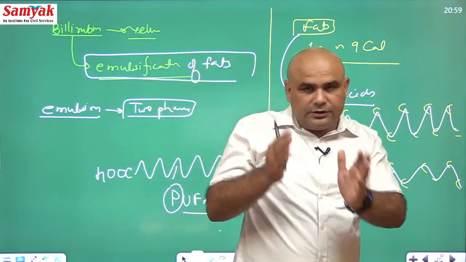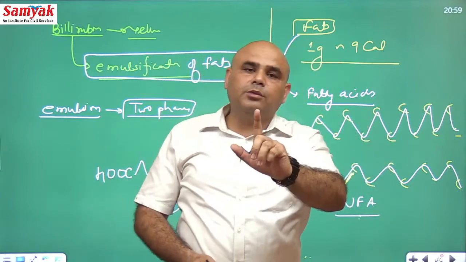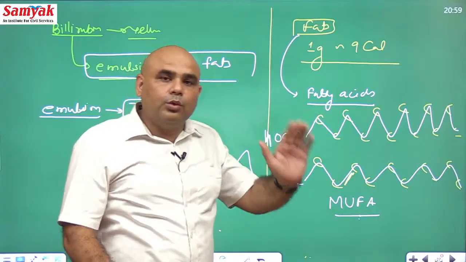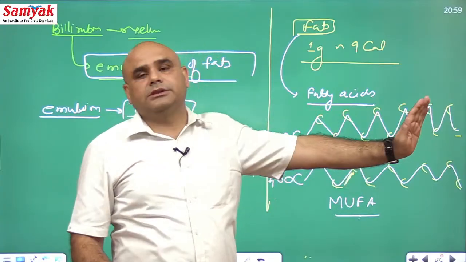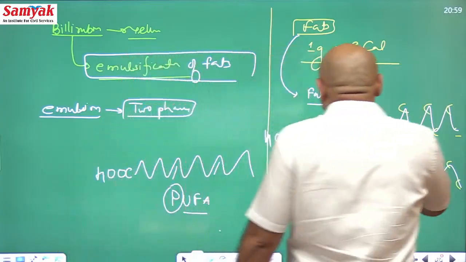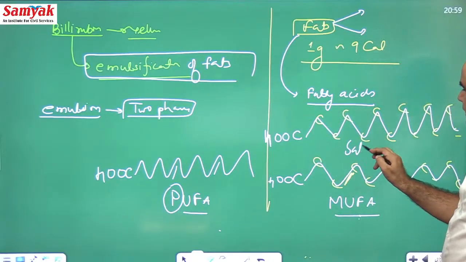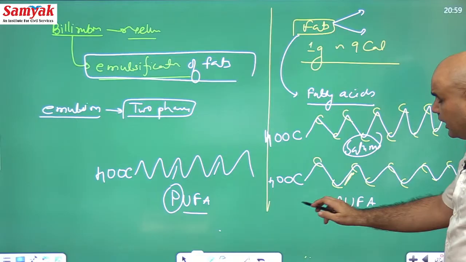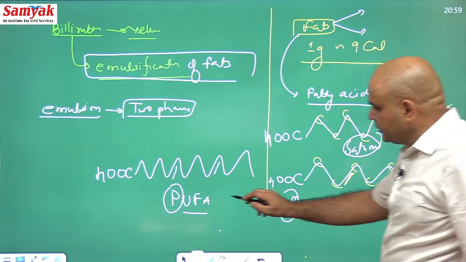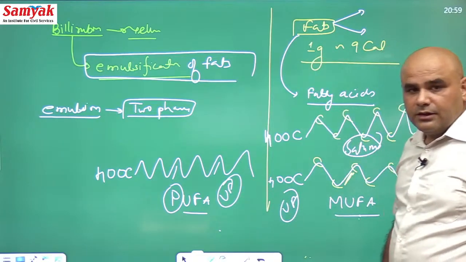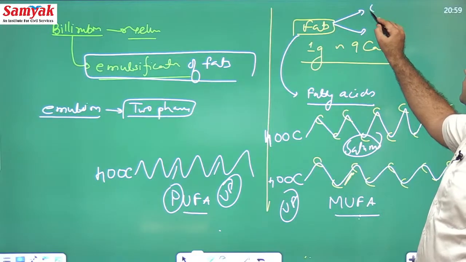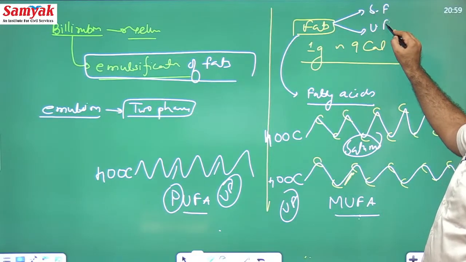So unsaturated fats are of two types. One double bond is monounsaturated, more than one double bonds is polyunsaturated. Now that's how I can say fats are of two types. This is saturated fat. This is unsaturated fat. This is also unsaturated fat. So fats are of two types, saturated fats and unsaturated fats.